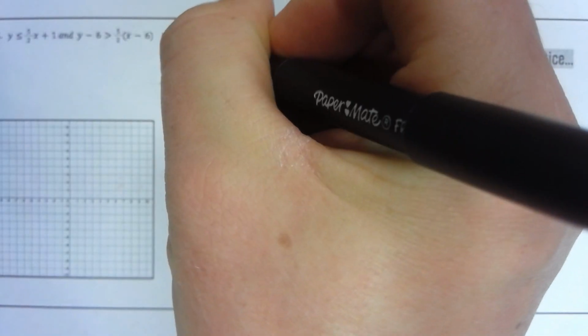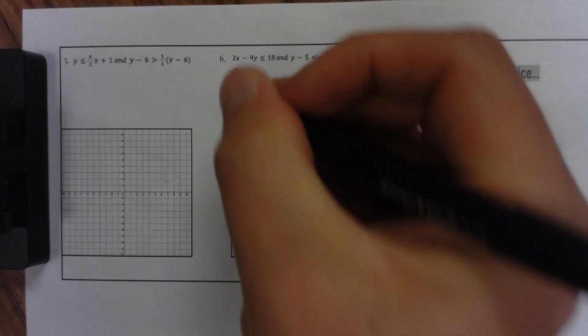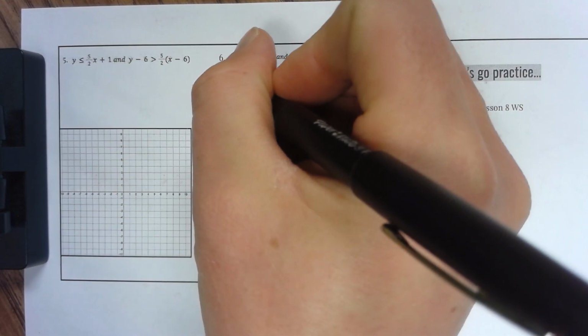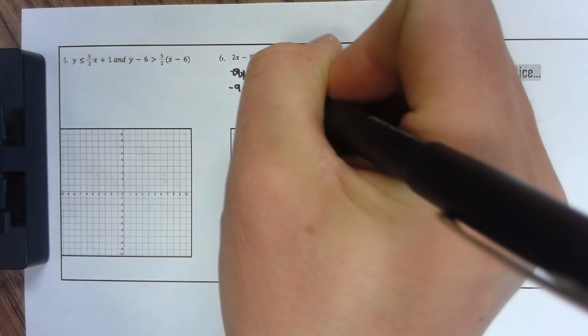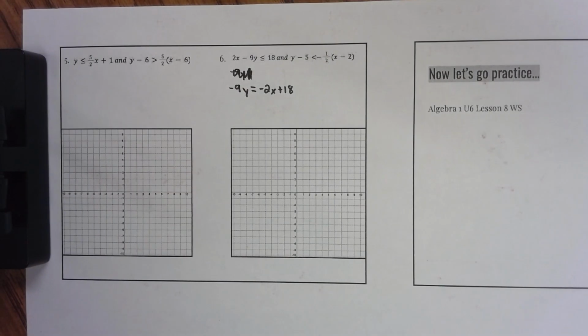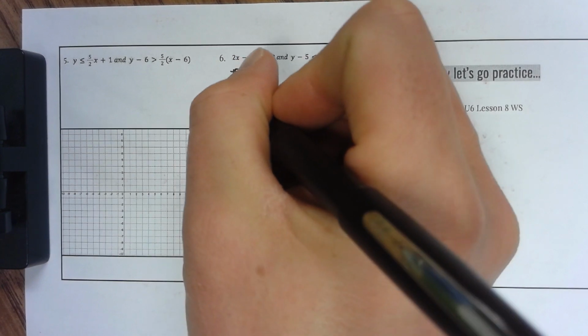You know, I don't even care about the inequality symbol. Let's just make it an equation just so that we're not confused by it. So I'm going to subtract 2x, so negative 9y equals negative 2x plus 18. Then I'm dividing every single thing by negative 9.